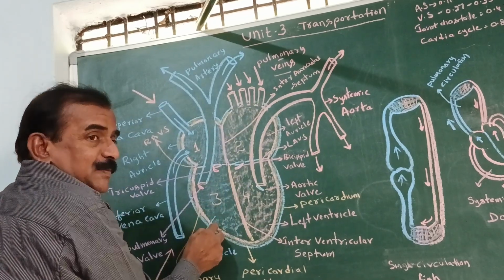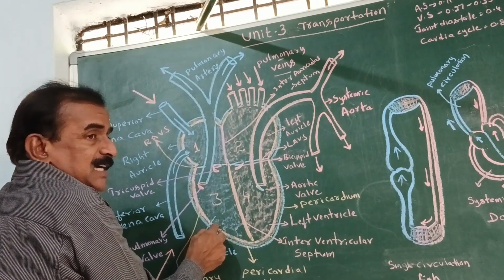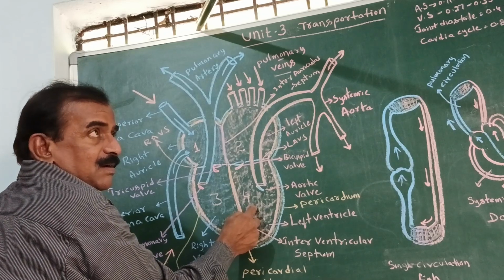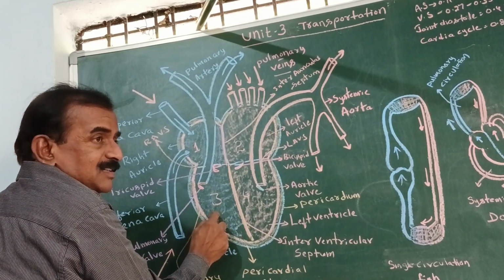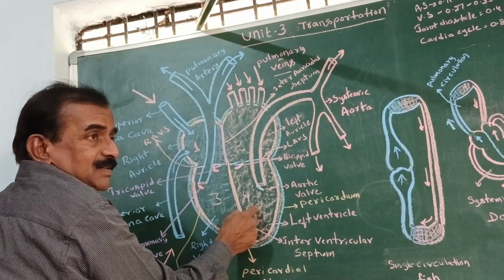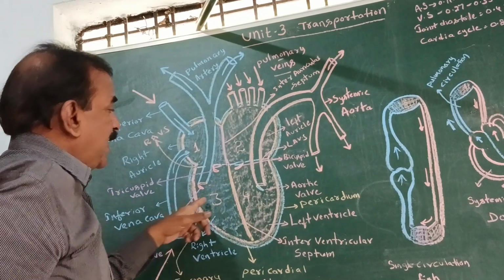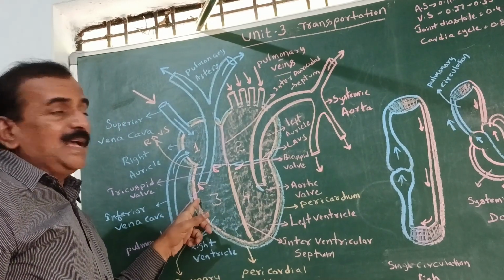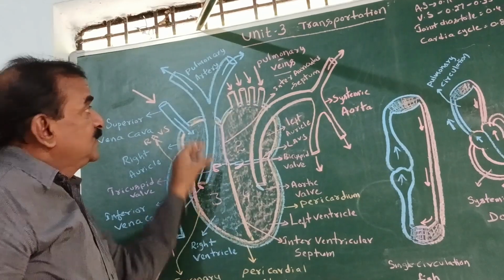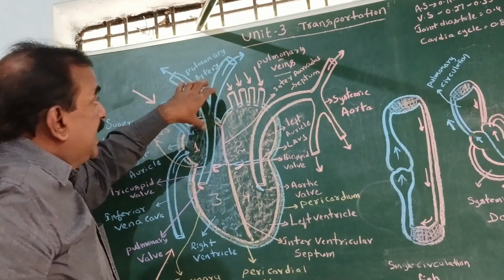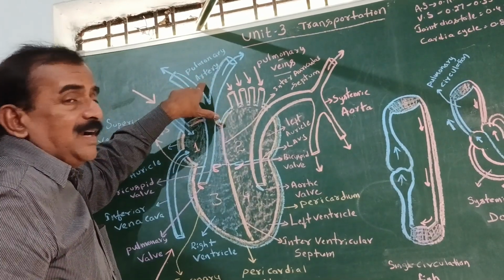So on this side what blood is present? Deoxygenated blood. On this side what type of blood is present? Oxygenated blood. This is deoxygenated blood, blue color, and this is oxygenated blood, red color. From the anterior part of the right ventricle a short blood vessel arises, and this is called the pulmonary artery.